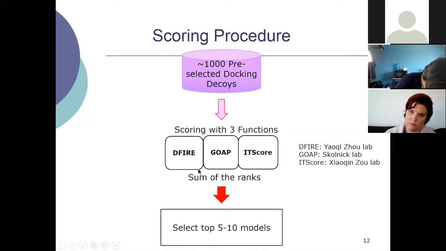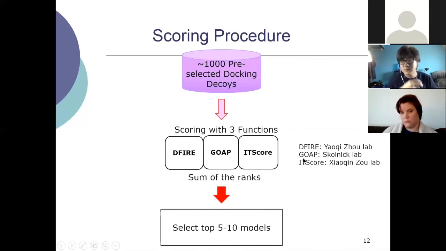Sorry to interrupt, but do all three methods use the same training set or the same PDB basis set? No, those were developed by different labs at different times, so they are not using exactly the same data set, but their own data set. Is the data set updated?